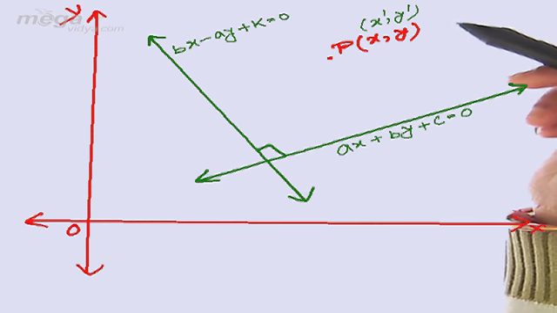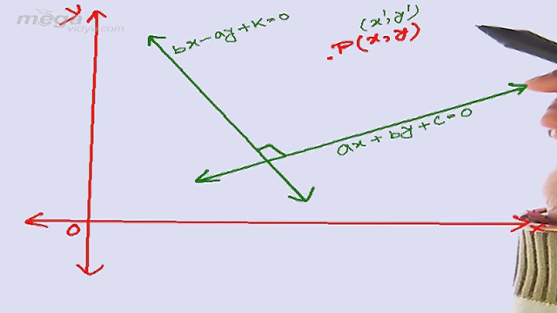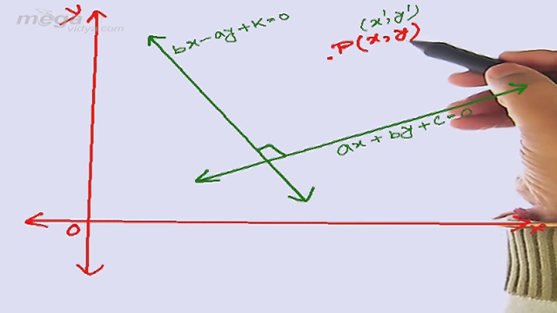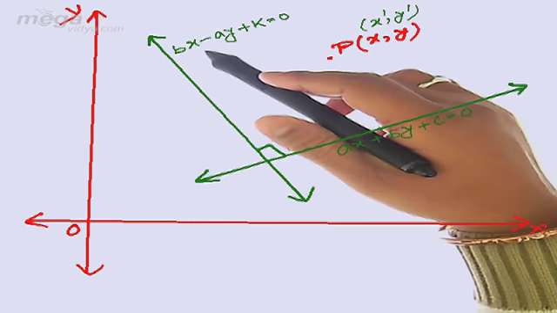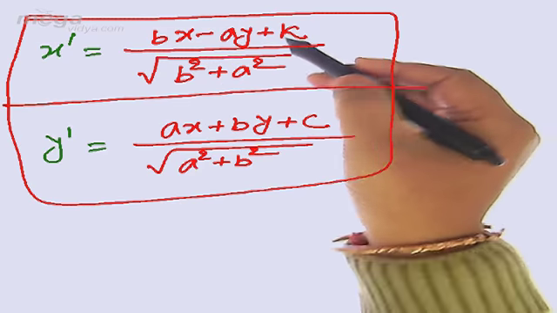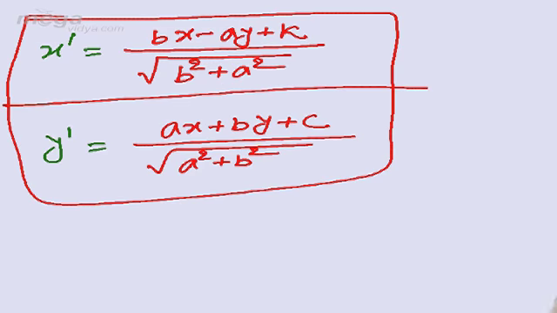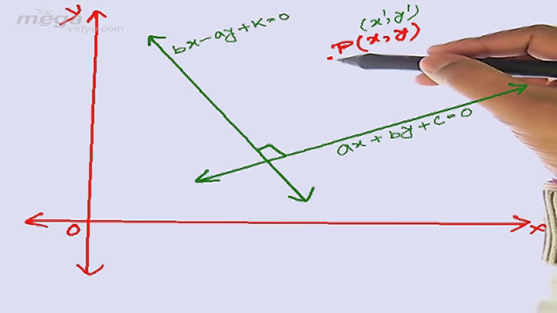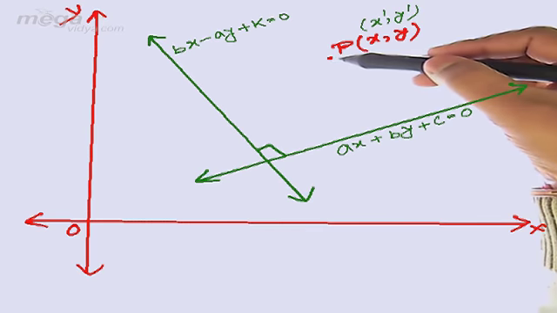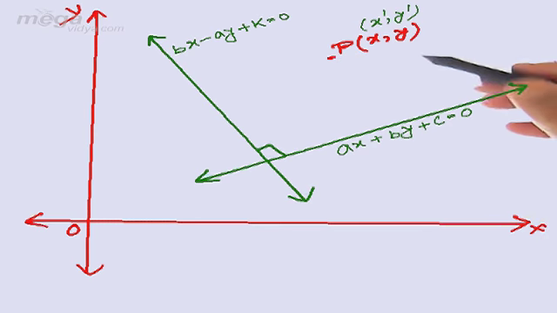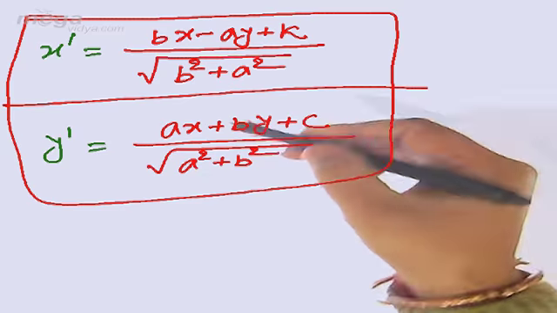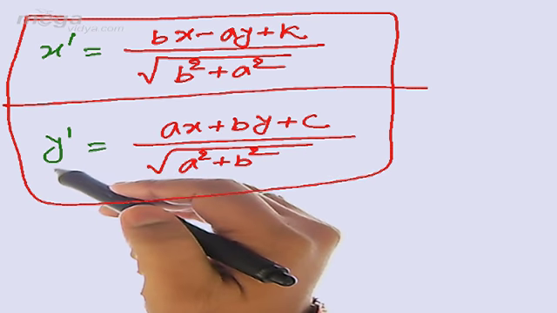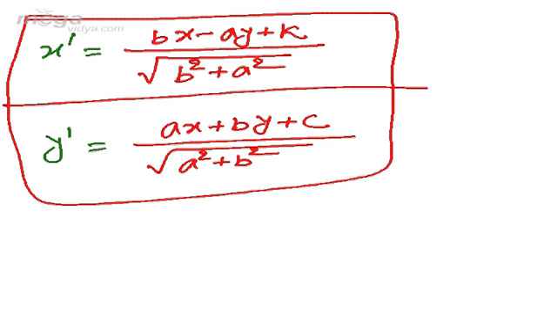This we did in distance of a point from a straight line, because the given point is already x comma y. So the distance of x comma y from this line is bx minus ay plus k upon root under b square plus a square, and that distance is equal to x dash. In the same way, we find the distance of the point from this line: ax plus by plus c divided by root under a square plus b square, and that distance is y dash, because we supposed the new coordinate is x dash comma y dash.